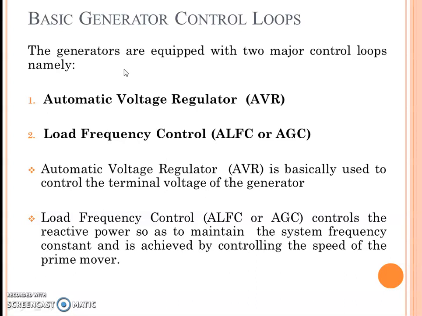If you want to know what the automatic voltage regulator and automatic load frequency control are, here are the functions. The automatic voltage regulator is basically used to control the terminal voltage of the generator.